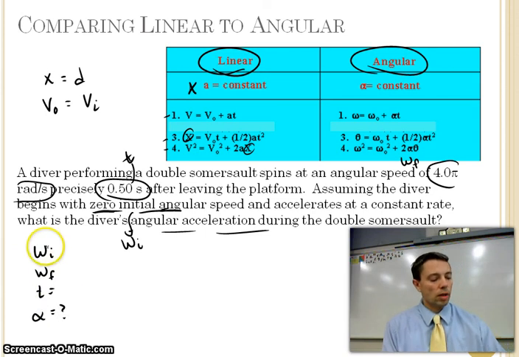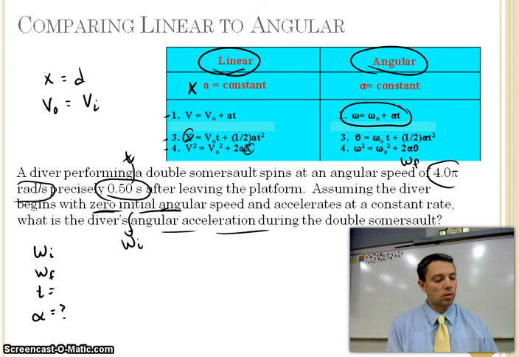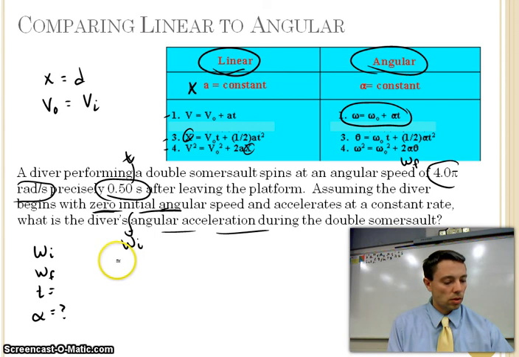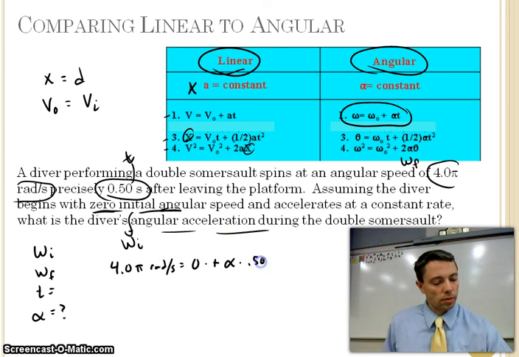So again, I'm looking at these 4 variables. I have 2 omegas and a t. It looks like I'm going to use an equation that looks like this. So my final was 4.0 pi radians per second, my initial is 0, plus alpha t, and the time was 0.50 seconds.